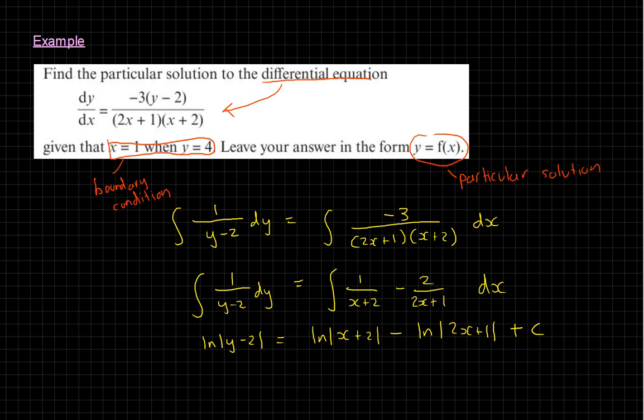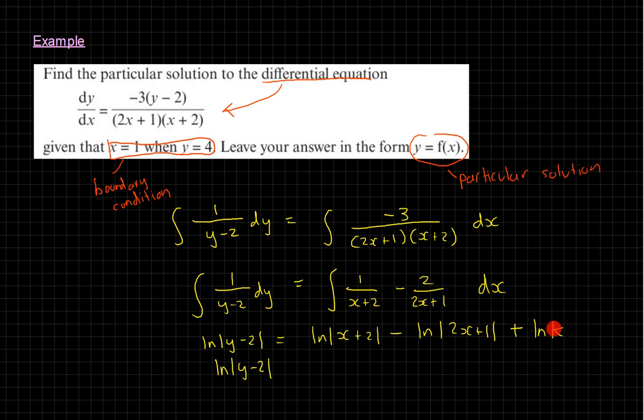What we then need to do is combine all of these logs, and we're going to do a trick here. So this plus c, I'm going to change that to ln of some other number, k, let's say. I've just chosen k because it's a different letter to c, it doesn't matter. I could have even just put ln c again, to be honest.